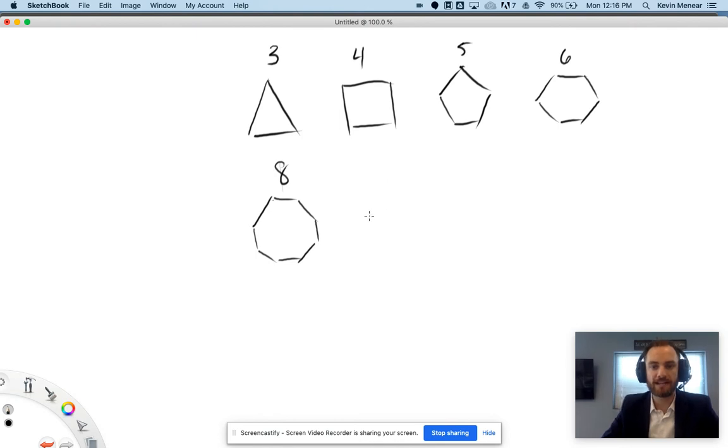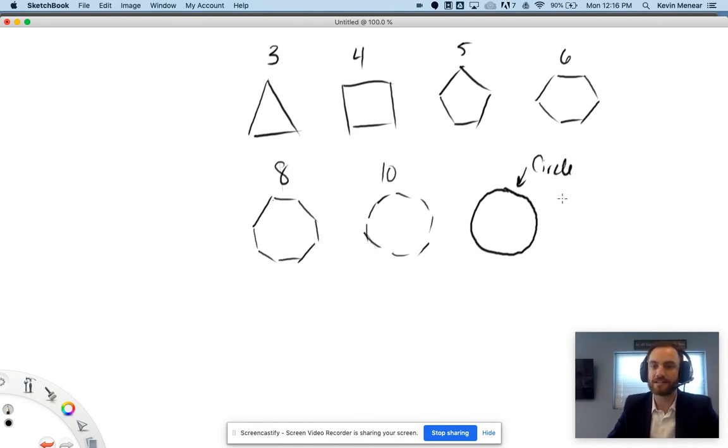Well, if I keep drawing more and more sides, eventually I'm going to get to a shape. Let's say this is 10 sides. That was really sloppy, but who cares? Eventually I'm going to get to a shape that looks remarkably like a circle. Let's say this is a circle. It's pretty close. A circle, in a lot of ways, is an infinitely sided regular polygon.